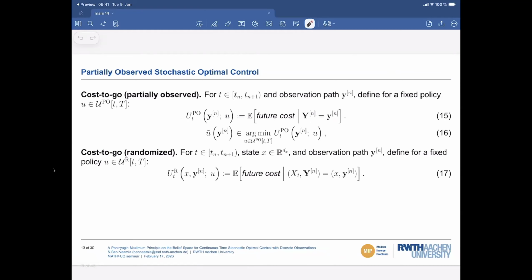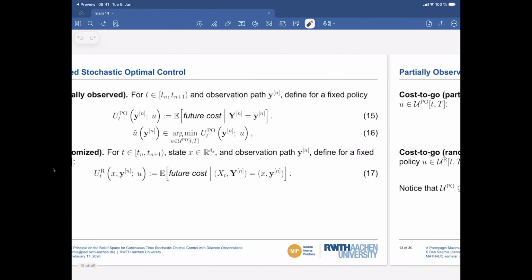And again, you can define for the same classes the randomized cost to go, which will depend on x and on y, so it's conditioned on x and y. And this is the expected value of the future cost from that time.